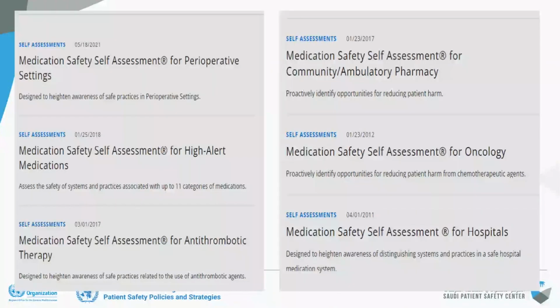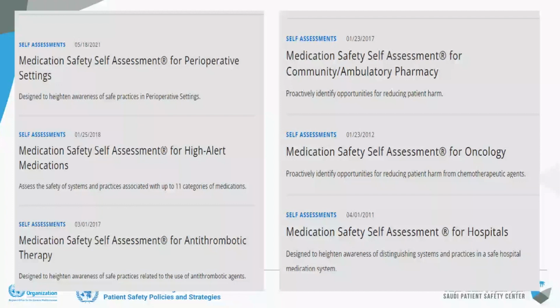They have them for community and ambulatory care pharmacy, for oncology, for hospital, antithrombotic agents, high alert medication, preoperative. This is the baseline of your data. Once you start any medication safety program, you can see whether you have any preventive measures, preventive tools or standardized things to prevent medication error or not.